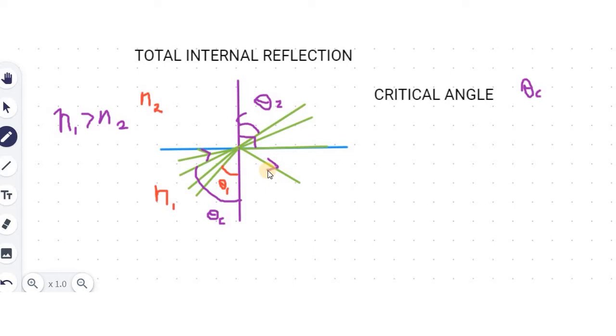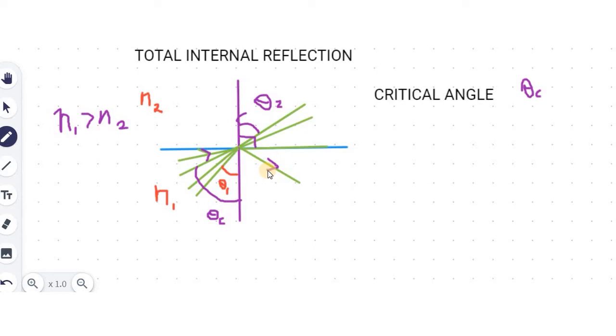There won't be refracted rays, all rays will be reflected back. This happens only if the light ray travels from a denser medium, that is from the core, to the cladding, which is a rarer medium as compared to the core. So this is how the light travels. Light is guided through an optical fiber through the phenomena of total internal reflection.